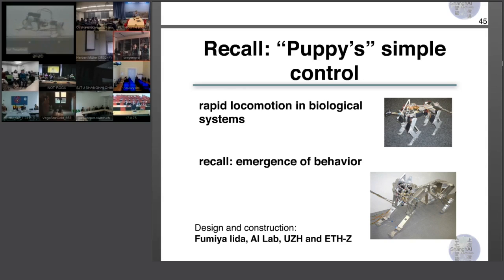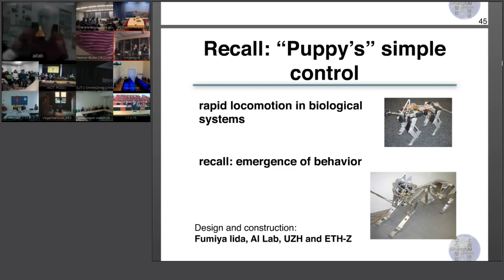Now, let's go on the other side, and let's see how we can obtain nice motion behaviors like those that we see in this short video.